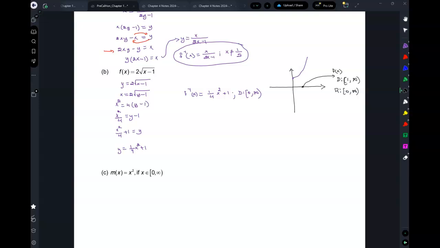Okay, but when you find the inverse, right? The domain and range will switch. So the domain will become the range of this. No, the other way. The domain of, yeah, no, I was right. And the range of this will become the domain of f inverse of x.